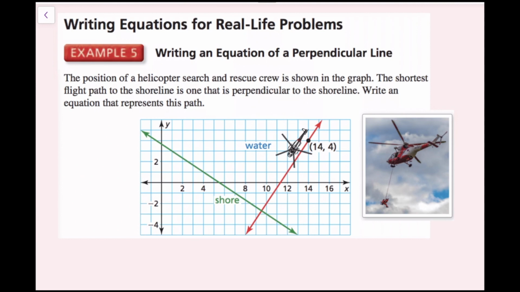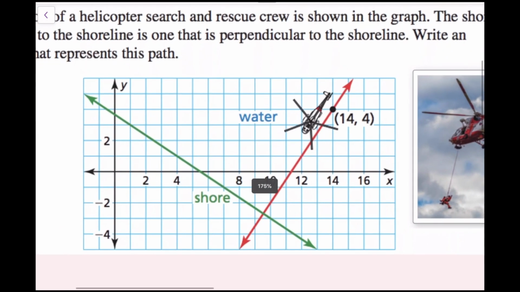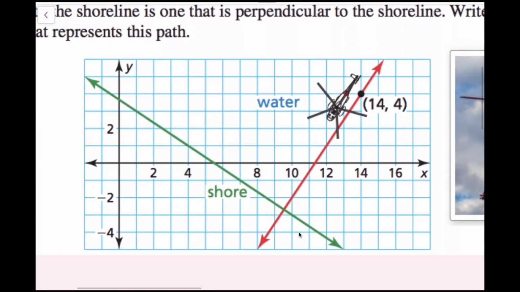Okay, so I'm going to look for some points on this graph that I can find the slope from. So I'm going to zoom in here. If I'm looking on this graph, I see that this point, 4, 1, is on my shoreline. And I see that this point right here, 1, 3, is also on my shoreline. So I'm just going to write that in really quick. 4, 1, 1, 3.